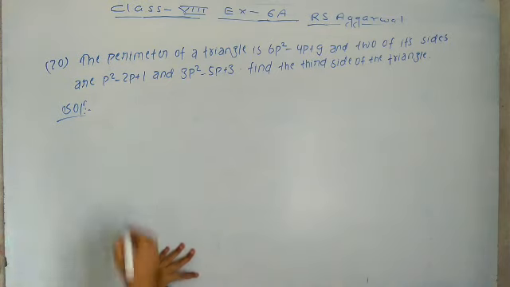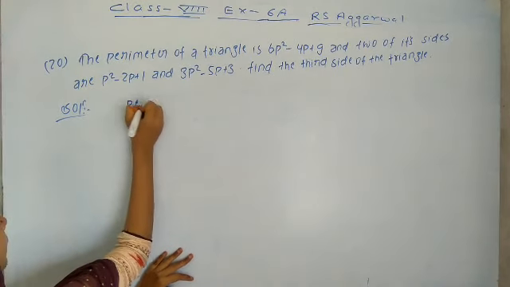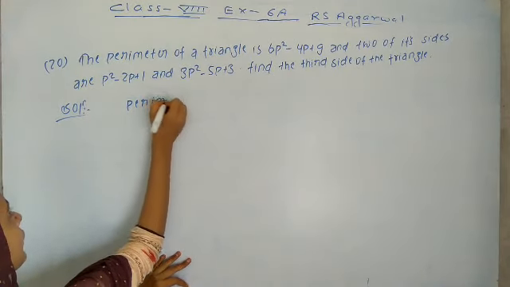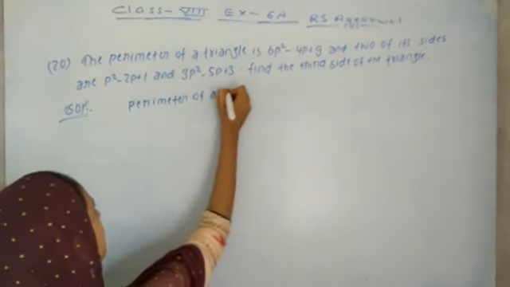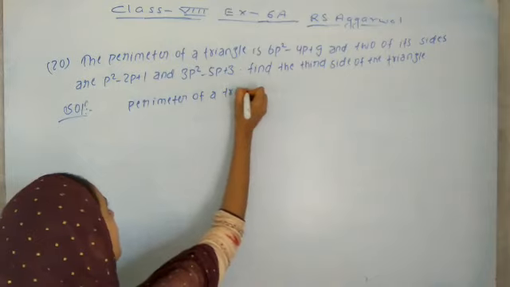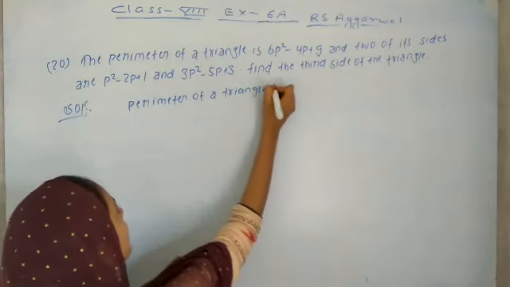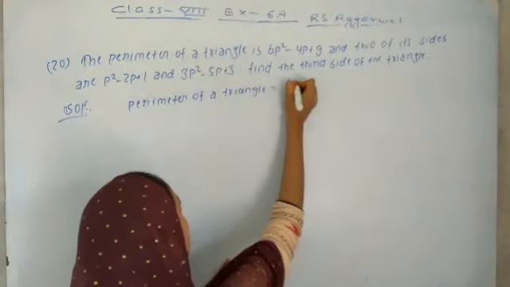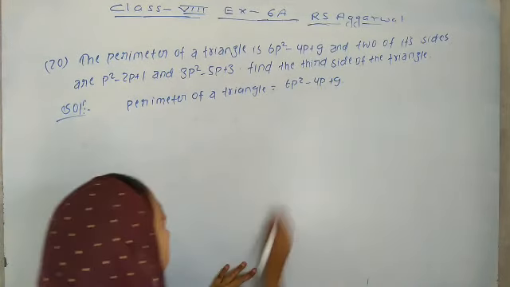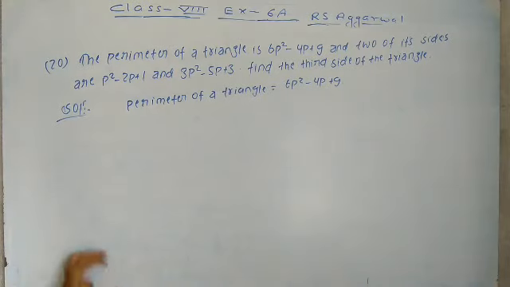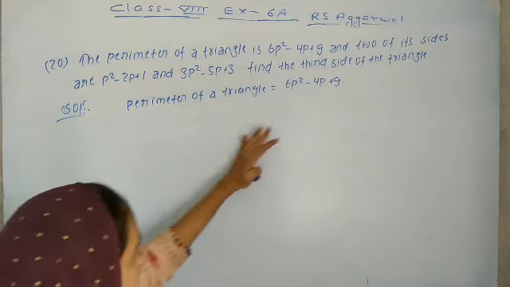So the perimeter of the triangle is given, 6p square minus 4p plus 9, and two of its sides are given and we have to find the third side.